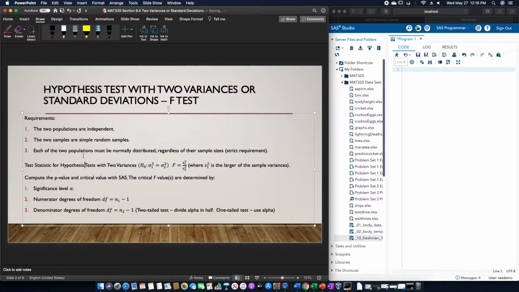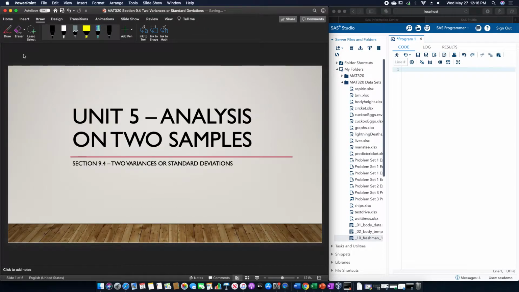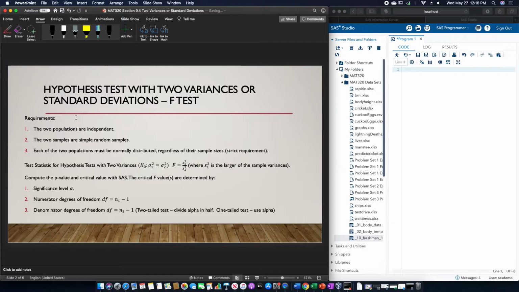The F-test takes the sample variance of the first sample divided by the sample variance of the second sample, where the first variance is the larger of the sample variances. So we would just manipulate the data so that's the case. We will compute the p-value and the critical value with SAS.